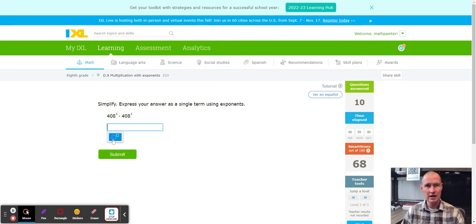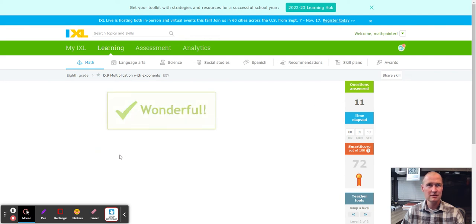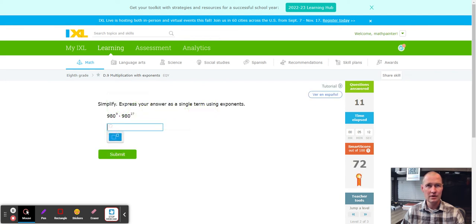All right, next we got 408, and also an exponent of 1 plus 1 is an exponent of 2. 980. We got 9 and 27 added together. So 9 plus 27 takes me to 36 for my exponent. So 36.